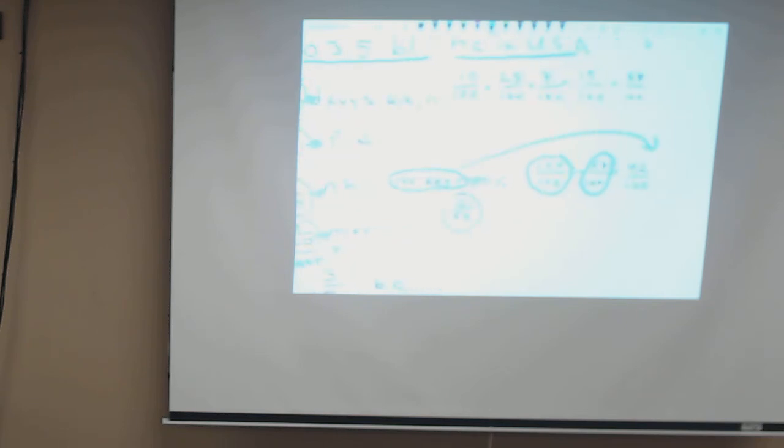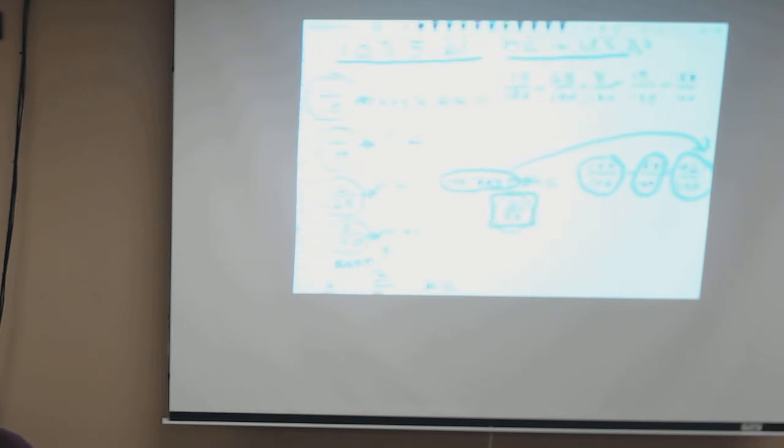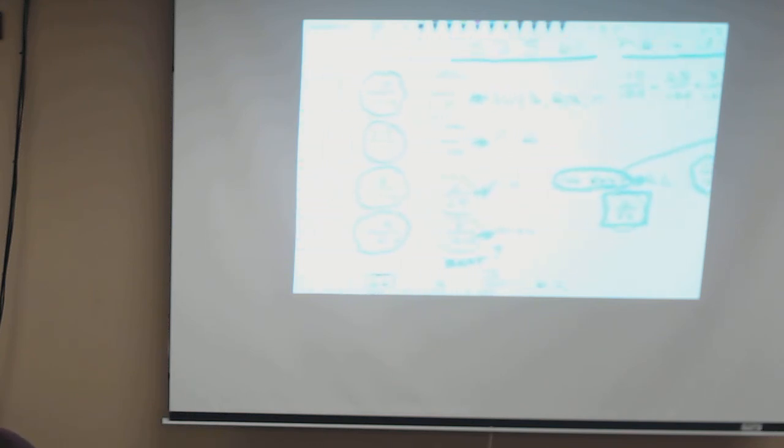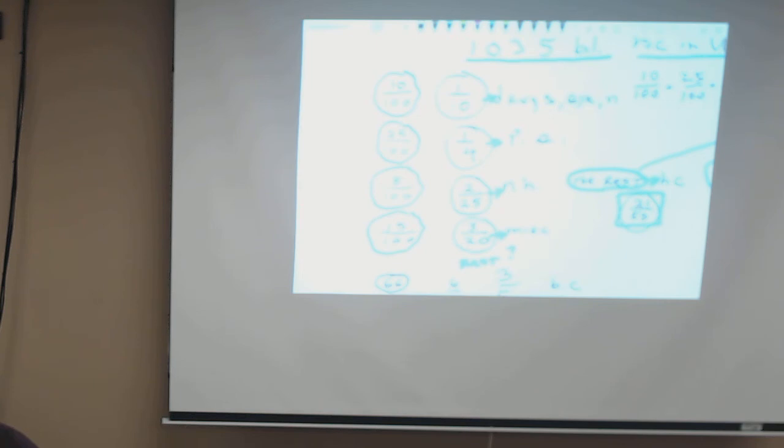So I get 58 over 100, and if I subtract that from 100 over 100, that will tell me how much the rest was. 42 over 100. Or 21 over 50 if you reduce it down. So whenever you see a problem that says the rest and they give you a bunch of information, that means you add all of these together and subtract them from 1 to find the answer.